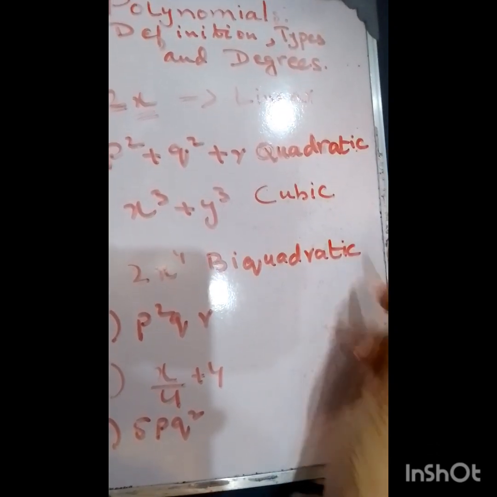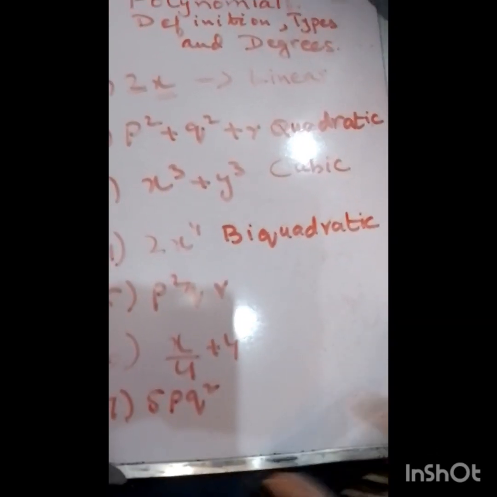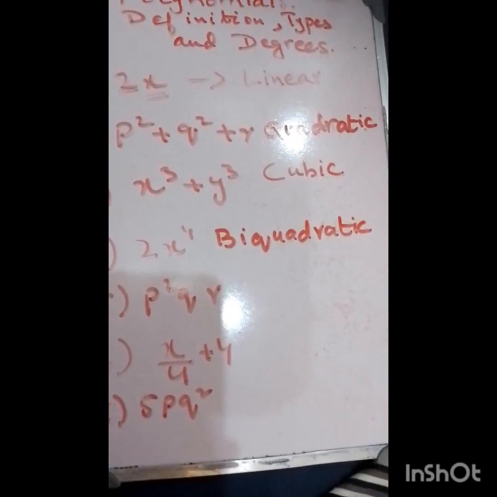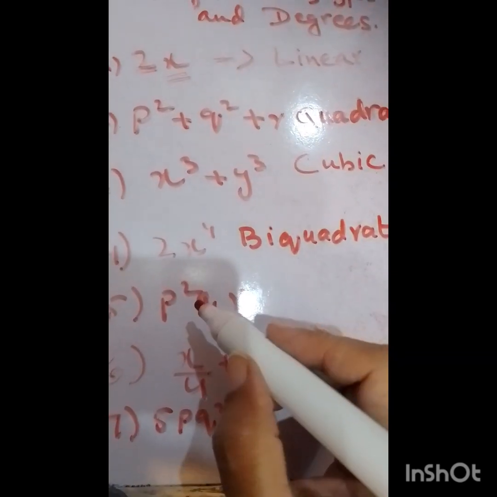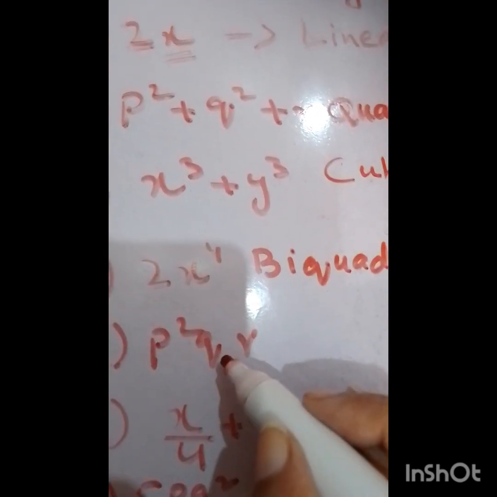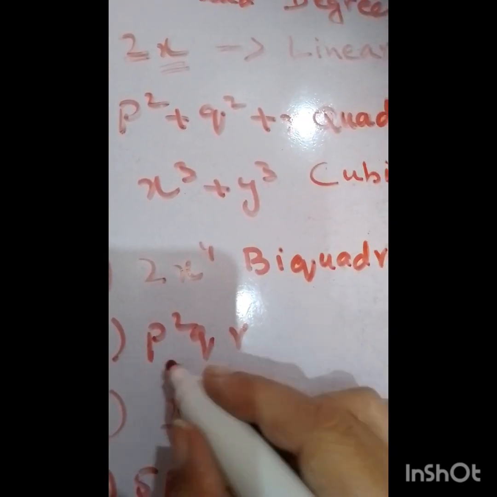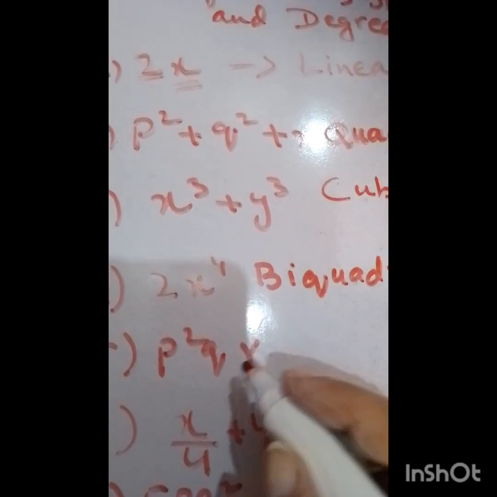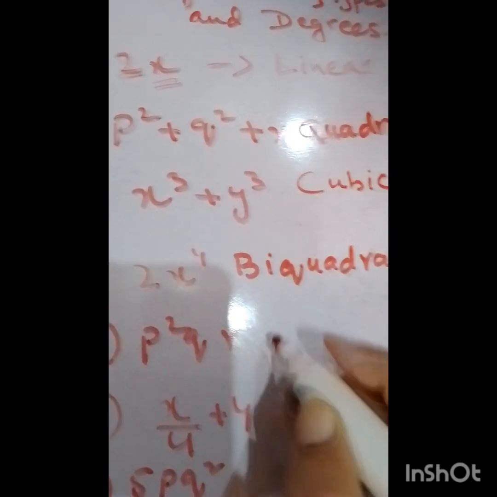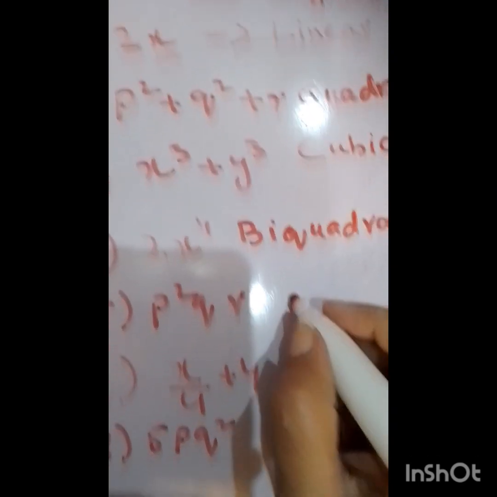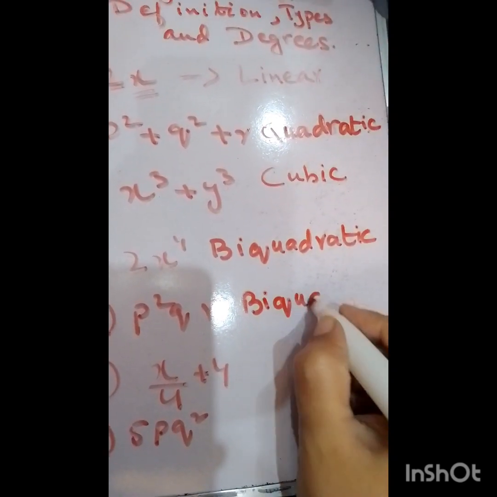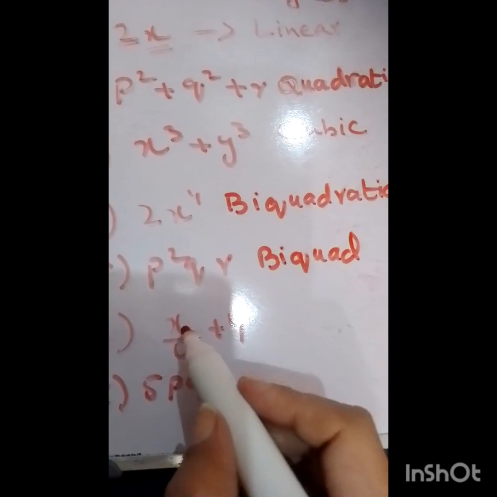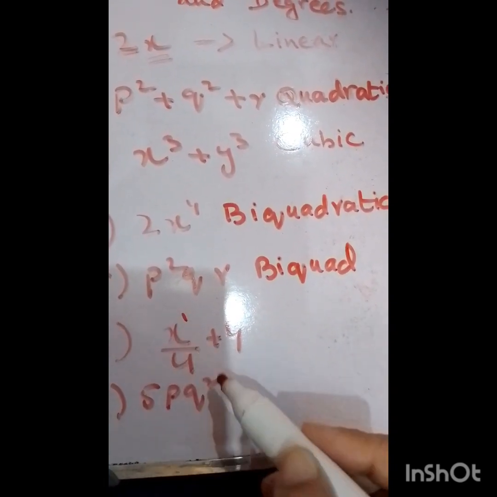Then here p square qr, you can see p square, q and r all belong to the same term, so it is 2, 1 and 1, so how many altogether? 4, so it will obviously be biquadratic. Here the polynomial's degree is 1, so it is linear.